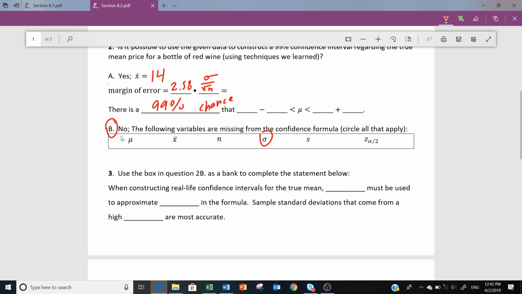What was it? Sigma should go in the second box.